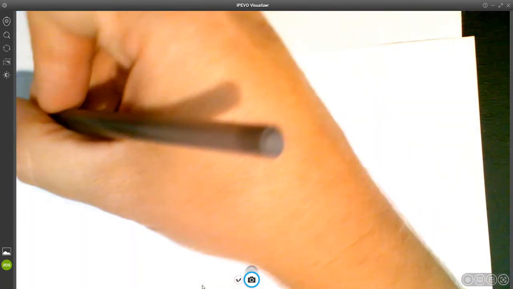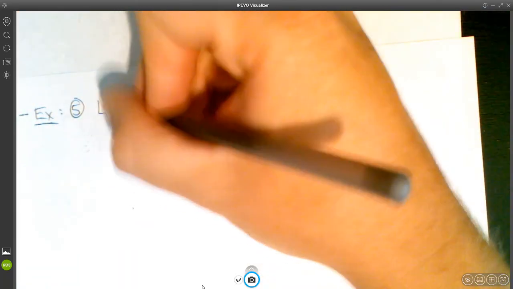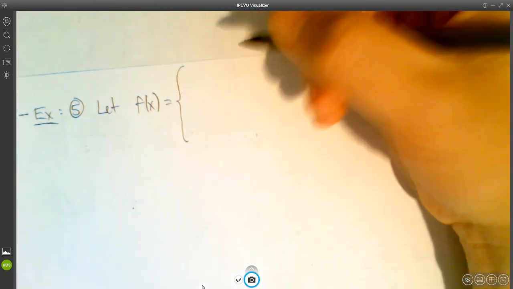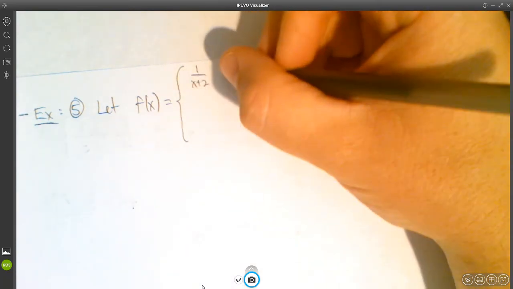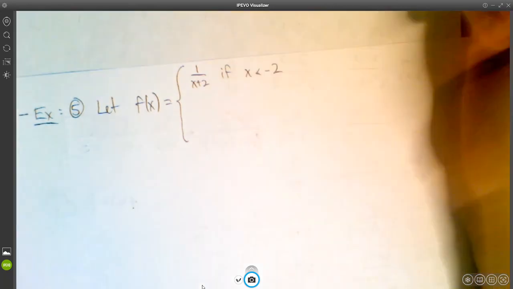Now I want to give you one more example. This one is going to be an example of a piecewise function. Let's say that f of x is defined piecewise as follows. It's going to be 1 over (x plus 2) if x is less than negative 2.